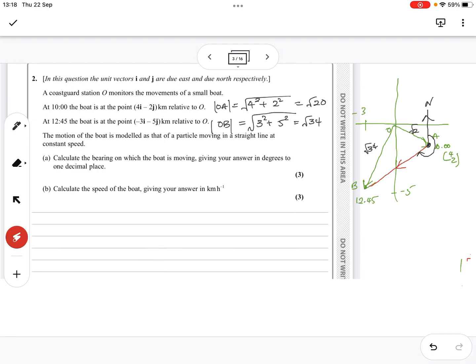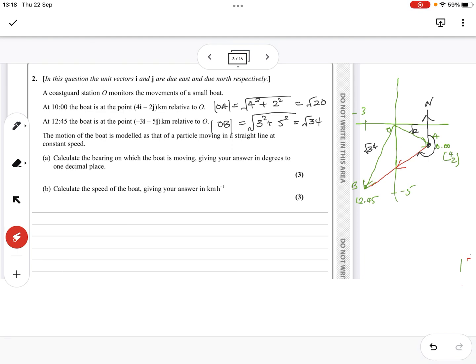I'm going to need this angle and possibly this angle so that I can take it away from 360 to get that one, or I need to get this angle so that I can add it to 180. It doesn't really matter.